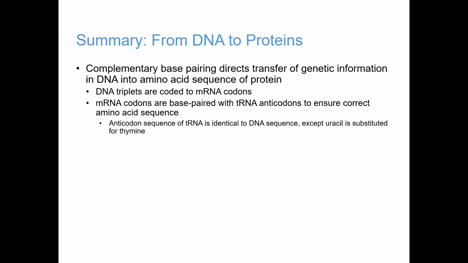We have to make a complementary copy of the DNA, place that in the messenger RNA, and then we have to have a complementary copy of the messenger RNA to bring us back to the DNA, which is just amazing how this works.